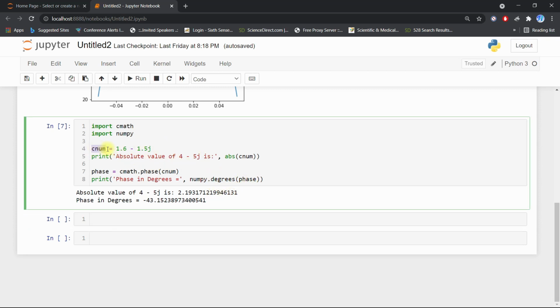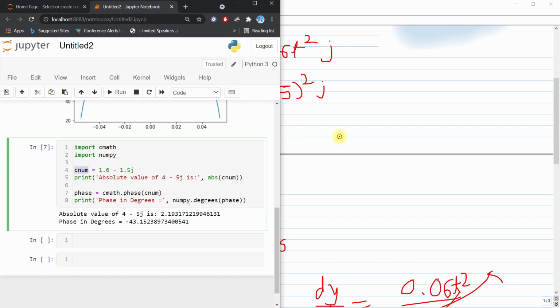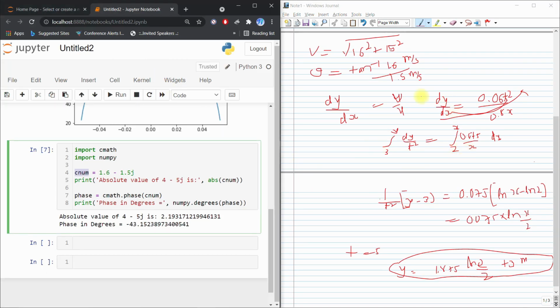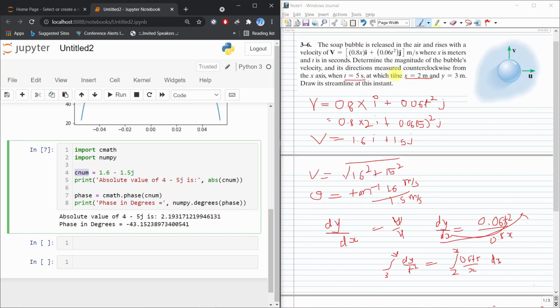Here you can see that I defined one variable, cnum, and you just write this equation: 1.6 plus 1.5j, and print the absolute value of this equation.